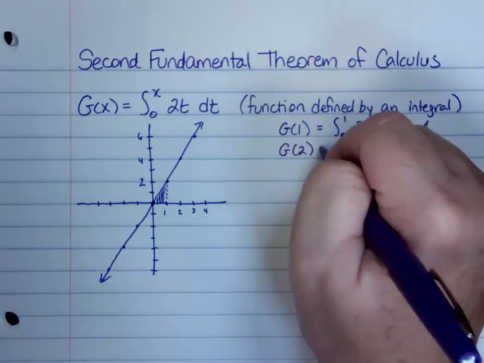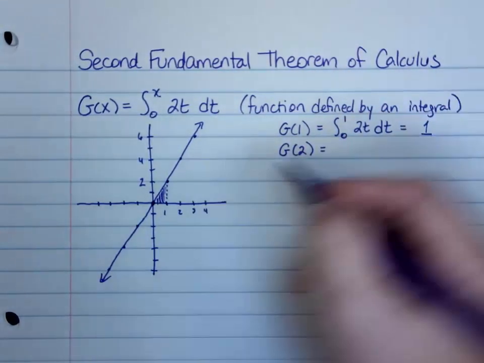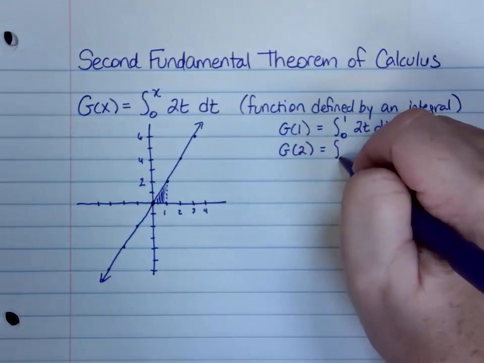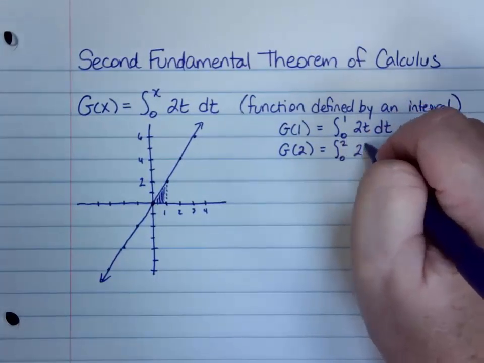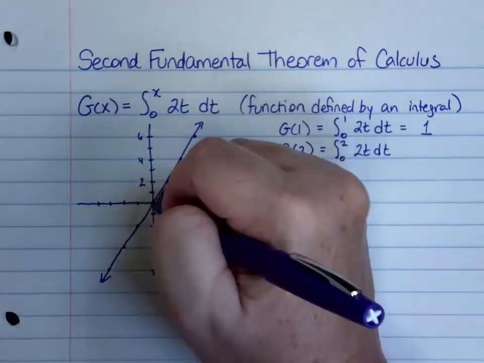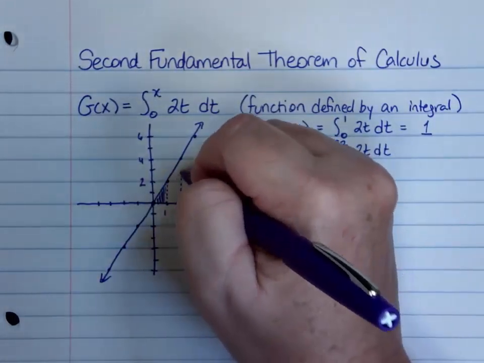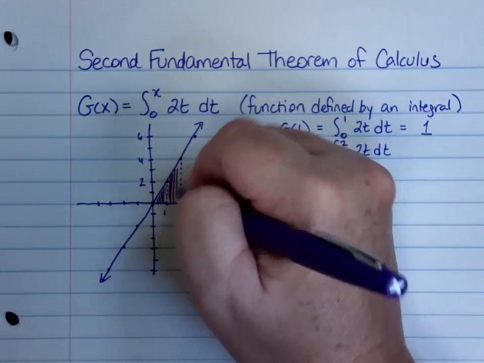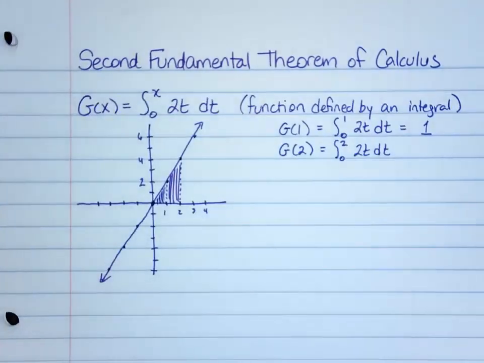What's G of 2? G of 2 is the area under the curve from 0 to 2. So that means instead of stopping at 1, I'm going to go all the way from 0 out all the way to 2 and find the area of all of that. So what's the area of all of that?